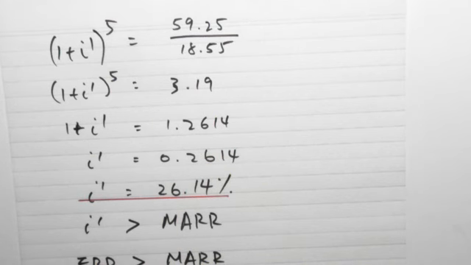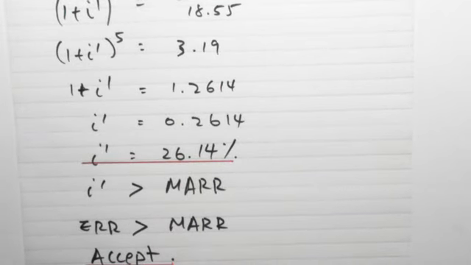We were initially told the MAR is 20%, so our external rate of return is greater than MAR, and we will accept the project.